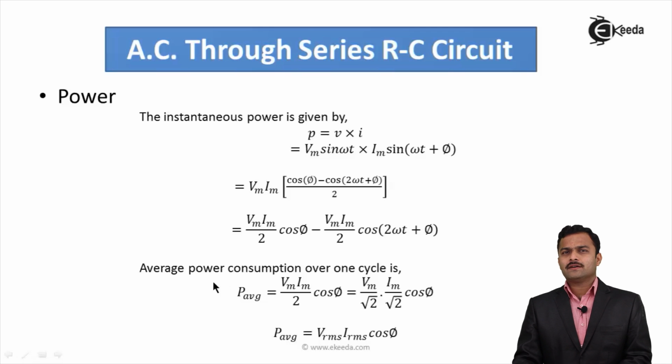Hence, average power consumption over one cycle will be P average equal to Vm Im by 2 into cos phi, because the average of the other term will be 0 over a complete cycle of omega t ranging from 0 to 2 pi. So, P average equal to Vm by root 2 multiplied by Im by root 2 into cos phi. Maximum value divided by root 2 is RMS value. Hence, P average you will get as Vrms Irms into cos phi.